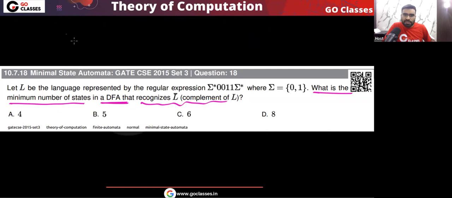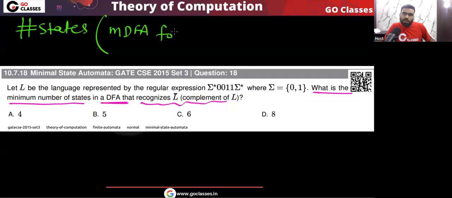But you already know that the number of states in the minimal DFA for L and the number of states in the minimal DFA for L complement is always the same. Yes or no? This point we have already seen.